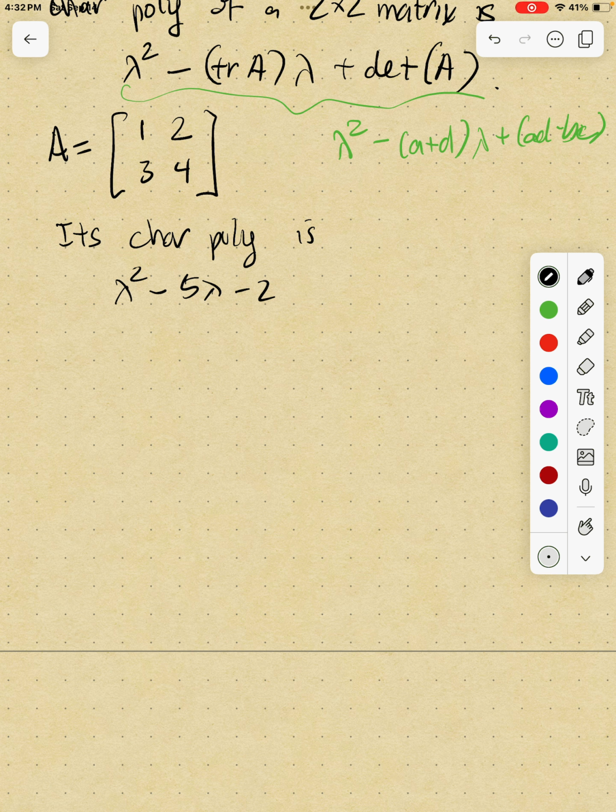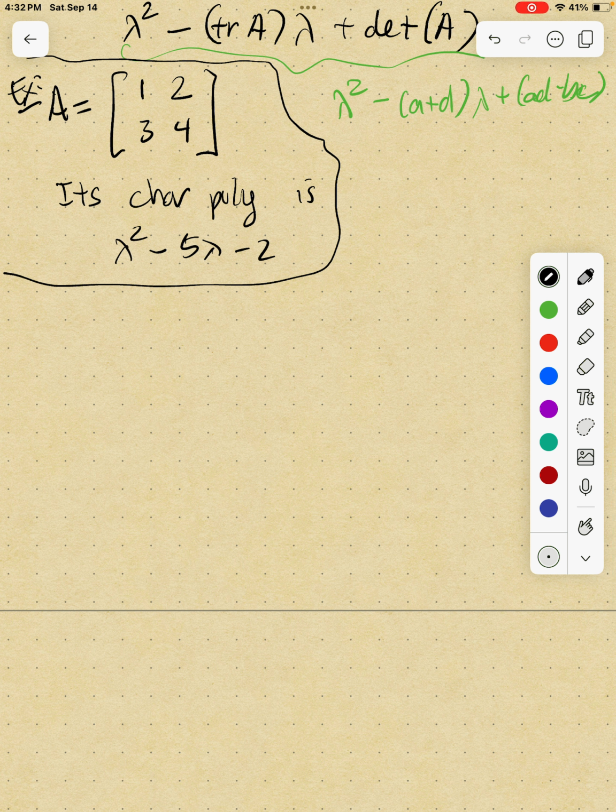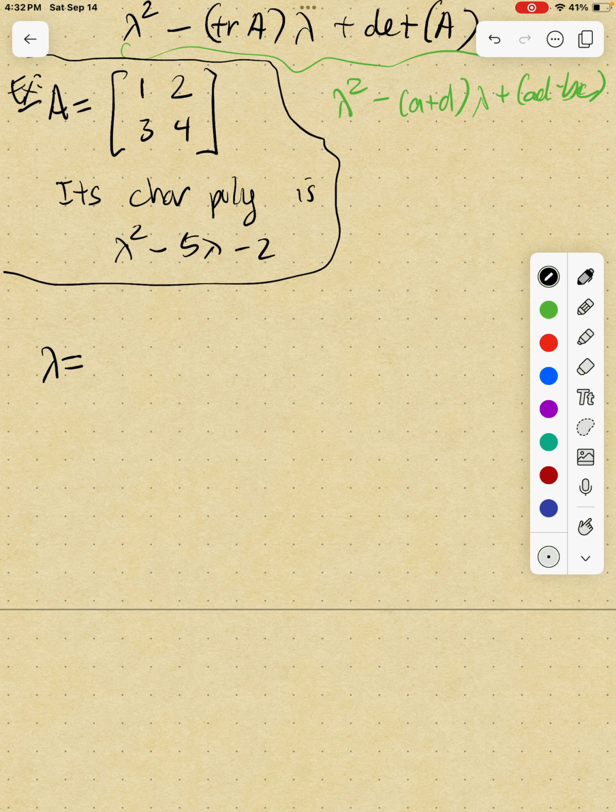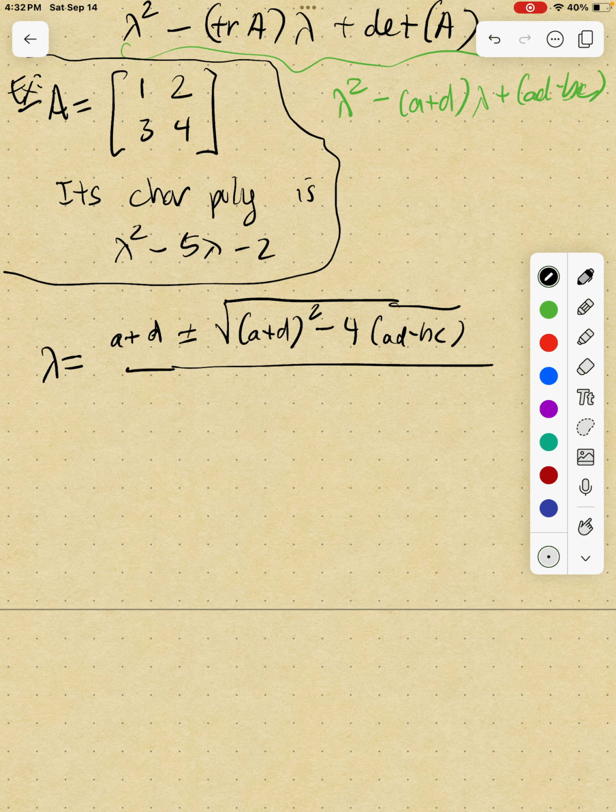Because we want the characteristic polynomial to be equal to 0. The roots are negative b, b being the coefficient of lambda, so it's a plus d, plus or minus the square root of (a plus d) squared minus 4 times (ad minus bc), all over 2a, which is 2 times 1.